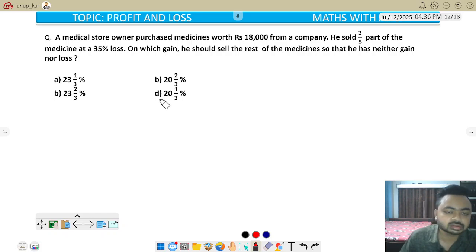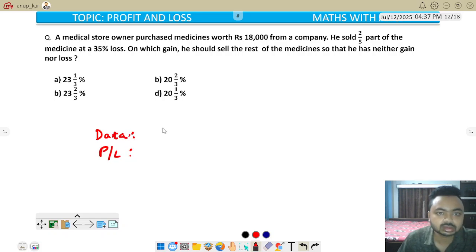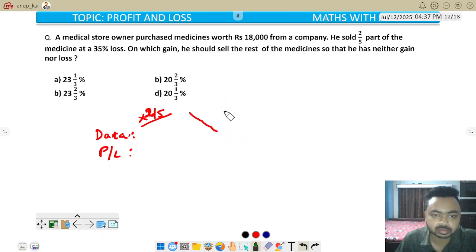So we will consider here the data and profit and loss. He sold 2/5, only 2/5 data is given, so we will consider here 2 by 5 and the rest of the medicines. Nothing more data is given, so we will do one thing. 2/5 is given, so we will consider 5 as my data.